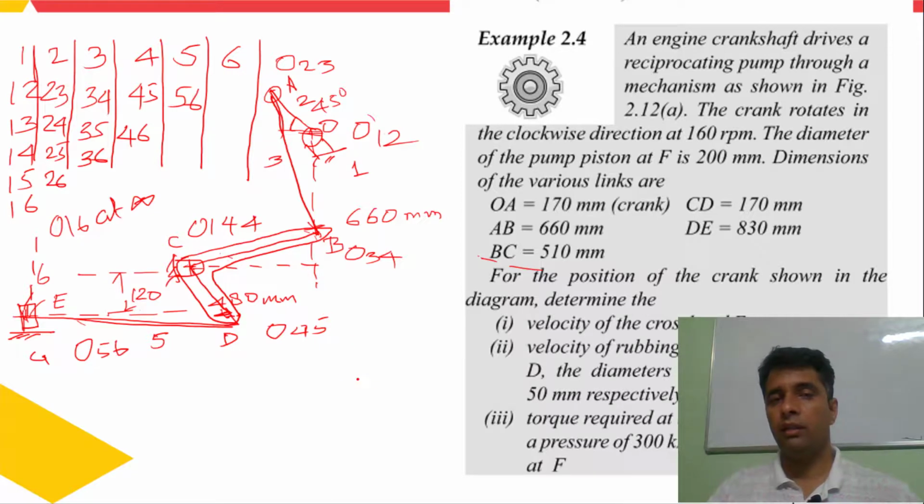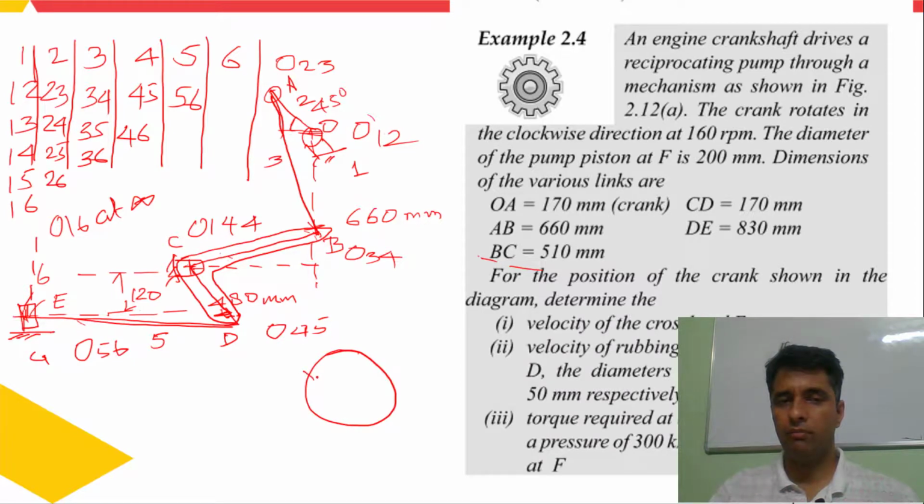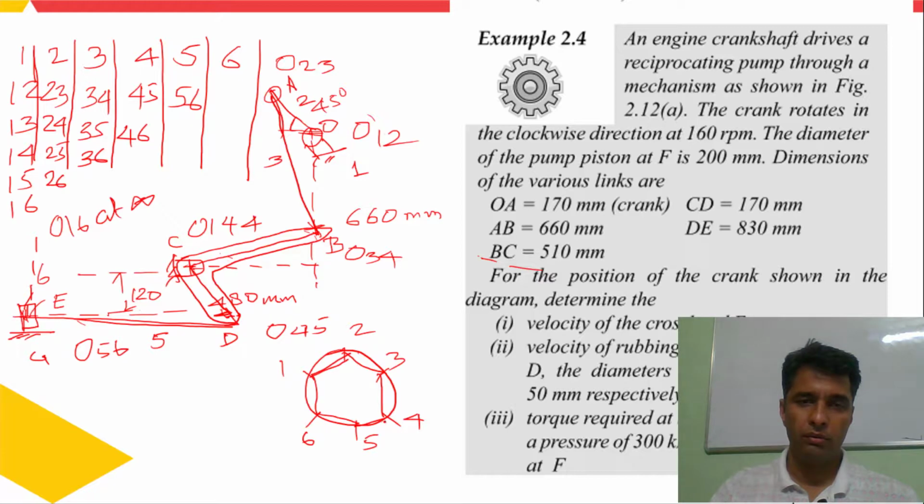And to locate the unknown centers, what we need to do is draw a circle and divide this circle into as many equal parts as the number of links you have. There are 6 links, so I can divide it into 6 parts. Then I can join by a solid line if the center is known to me. So these centers are known to me, so I am joining them by solid lines: 1, 2, 2, 3, 3, 4, 4, 5, 5, 6, and 1, 6.